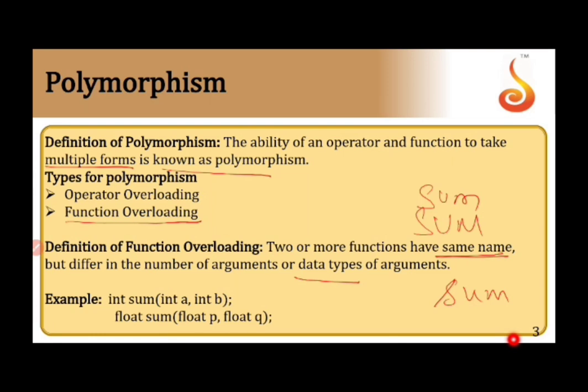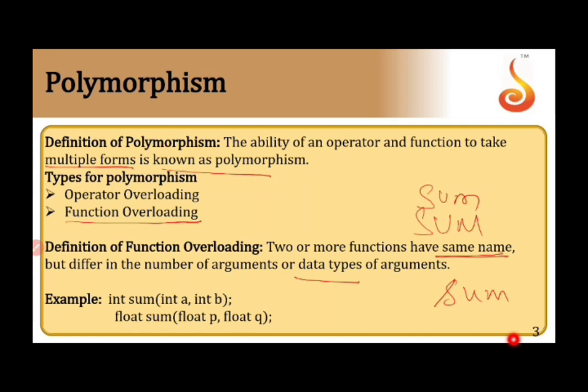If they are different, basically I mean to say if the function signature is different. Function signature is the key in overloading. So we'll see what is function signature. Function signature should be different, then only it is called overloading in the same scope.